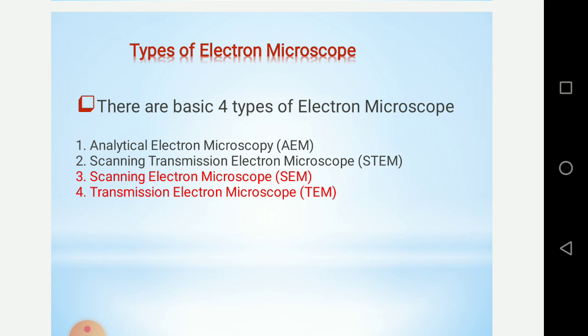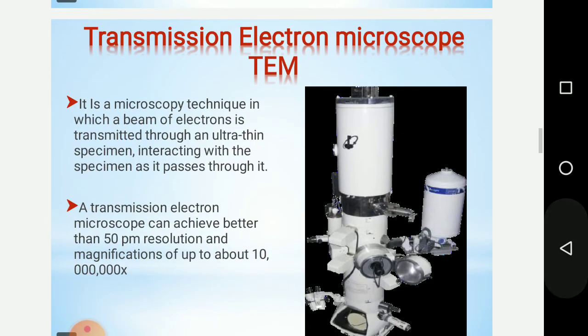We just have to go through the analytical electron microscope and the scanning and transmission electron microscopes. But in your syllabus the scanning electron microscope and the transmission electron microscope are mentioned, so you just have to concentrate on these two types of electron microscope.